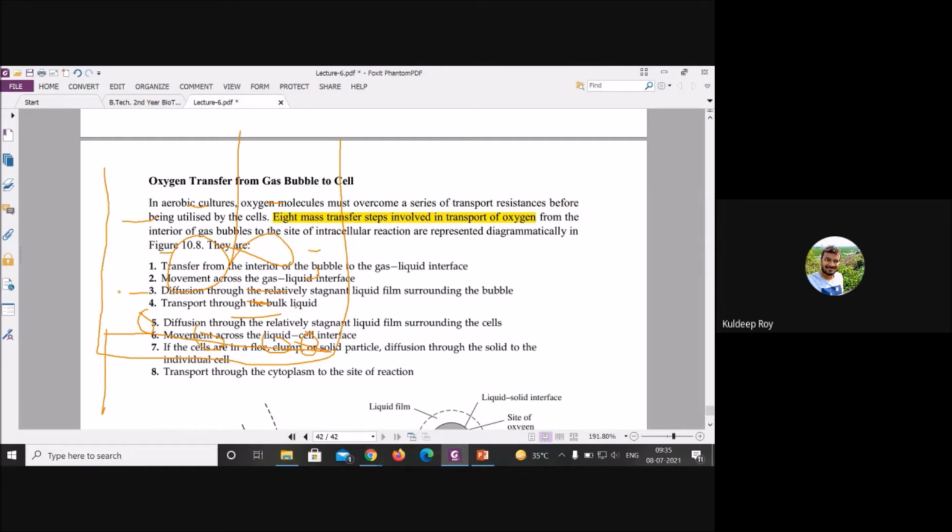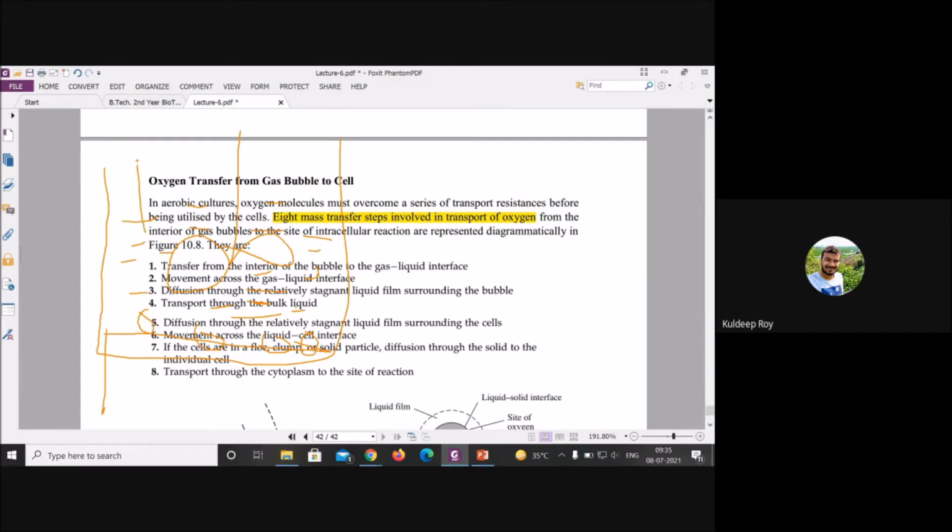This is very important, because you insert a small amount of cell and claim that after some time the cell will grow and give you the desired product. Here you are inserting three kinds of phases.